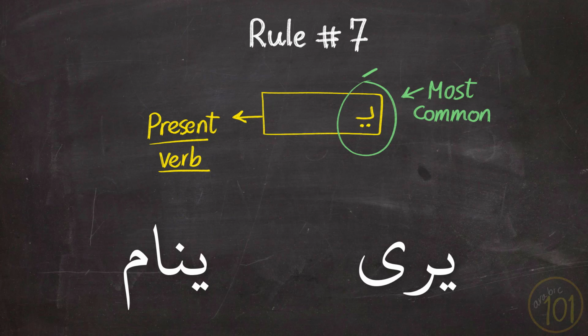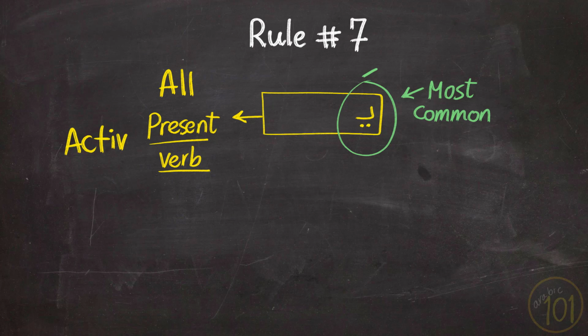Do you think you can read these two verbs without showing you the tashkeel on them? Yara, yanam. So a word starting with a ya is almost certainly an active verb in the present tense. Again, there are words that don't follow this rule, but they are not common.